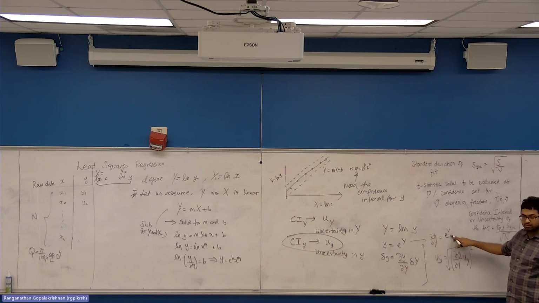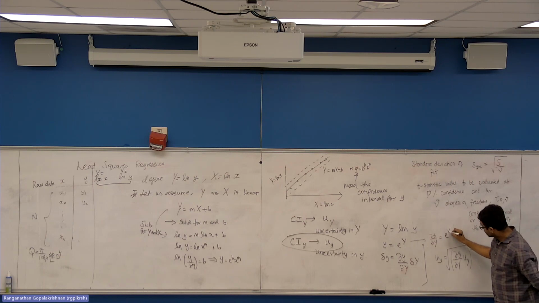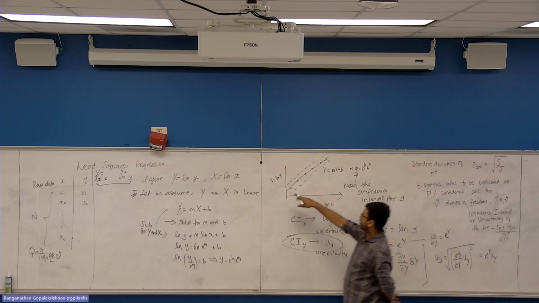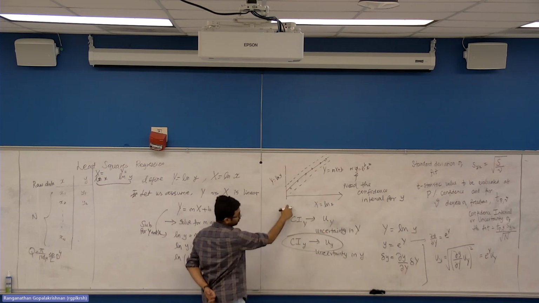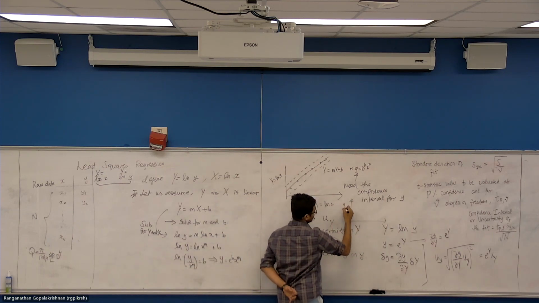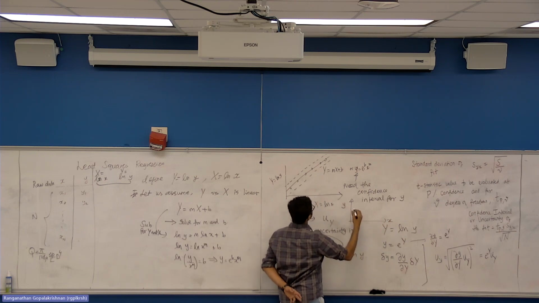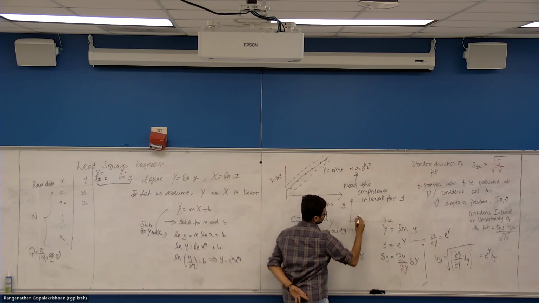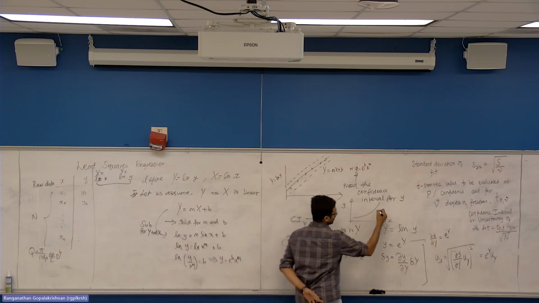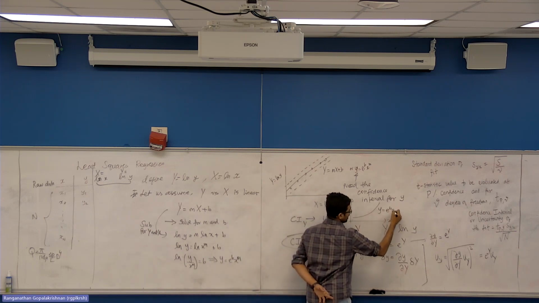The derivative of e to the power Y is simply e to the power Y. So this is nothing but e to the power Y times uncertainty in Y. So this is the plot of Y versus x, the transformed variables. If you look at the original data, it's going to look something like this. Power law, y equal to e to the power b times x to the power n.